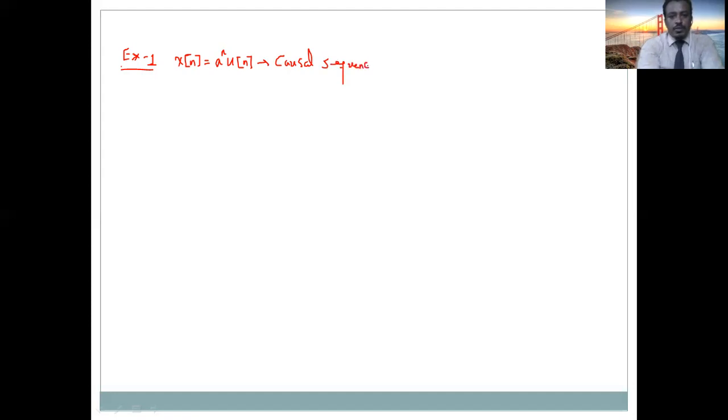Why do we call it causal? Because a to the n is multiplied by u of n. As you know, unit step u of n has value of 1 for n greater than or equal to 0. That is u of n.